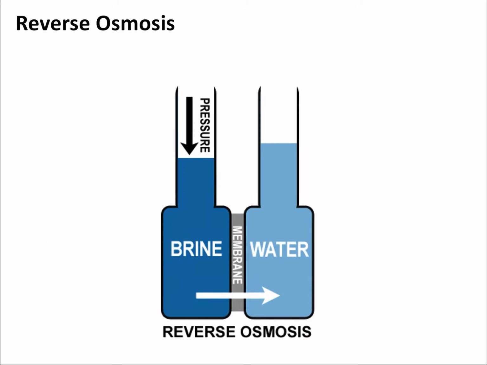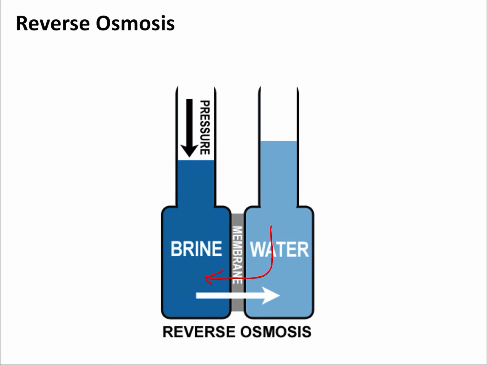All right, the last thing we wanted to talk about is something called reverse osmosis, which I indicated before, where if you take this hypothetical situation where you have brine and water, osmosis is going to want the water to go from the pure side with low solute concentration over to the side of the brine with a high solute concentration.